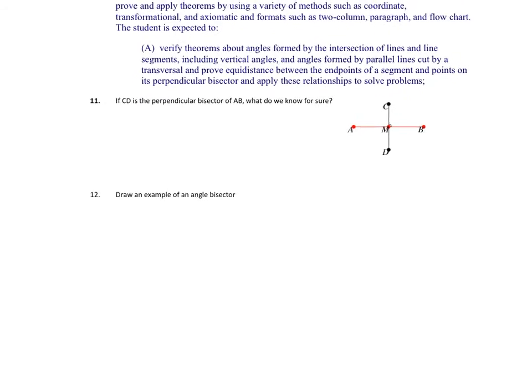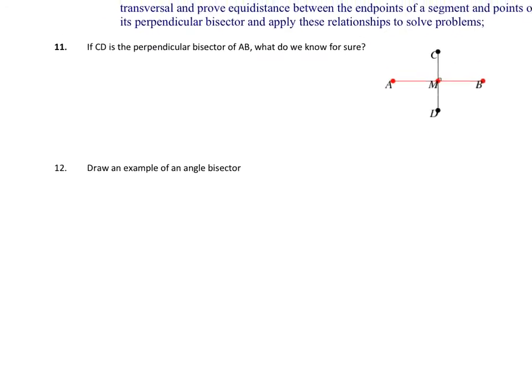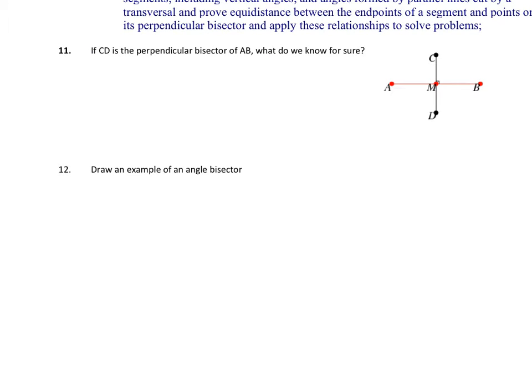Oh, this one only has 2 problems. Okay, we got the "teak." If CD is the perpendicular bisector of AB, so we know we have a right angle, and we also know that these 2 segments are equal. We don't know if CM is equal to CD. We don't know that because it doesn't say AB is the perpendicular bisector.